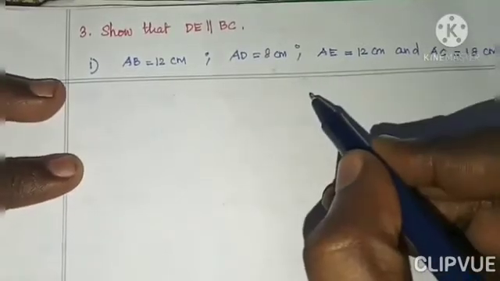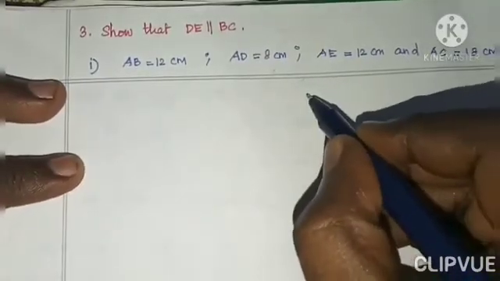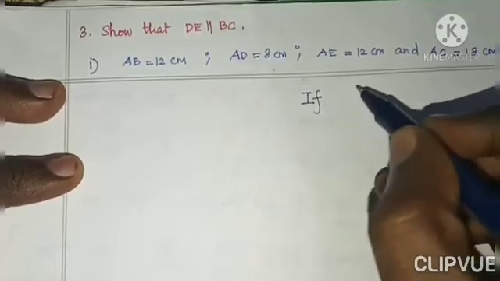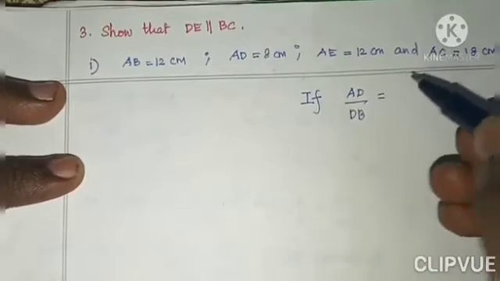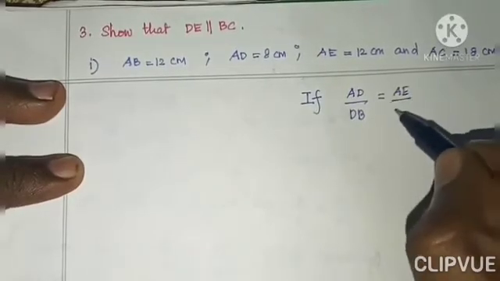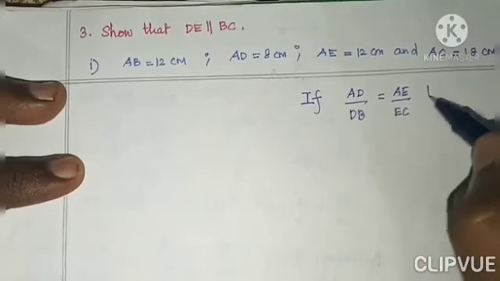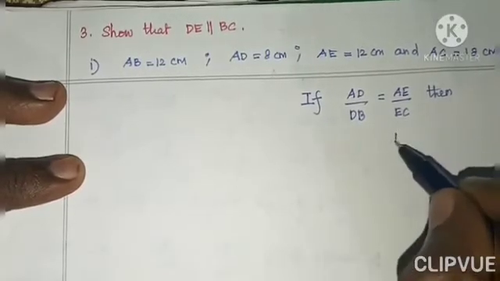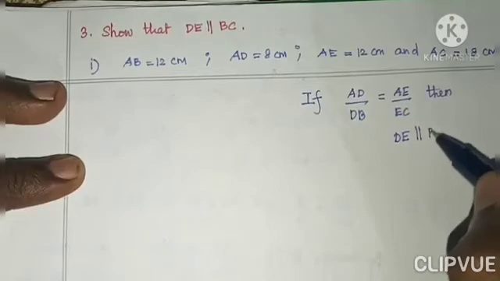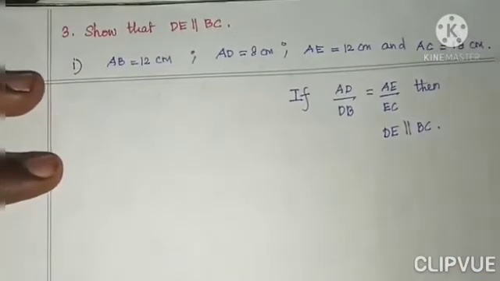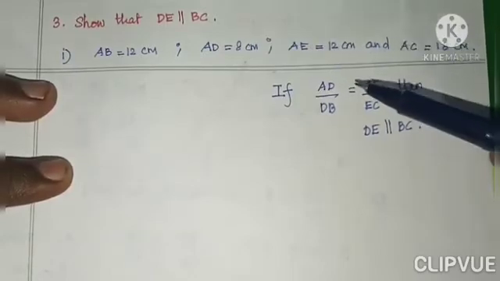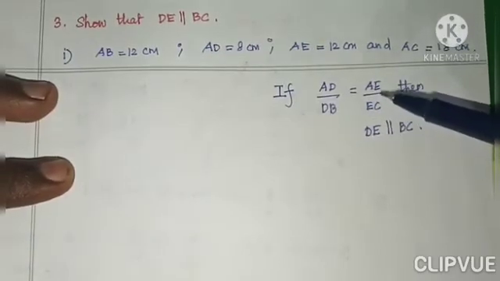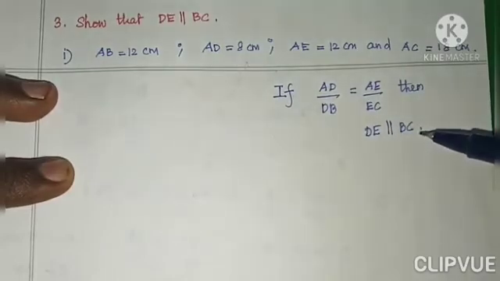The converse of the basic proportionality theorem is: if AD by DB equals AE by EC, then DE is parallel to BC. If the given values satisfy this condition, it should be parallel to BC.